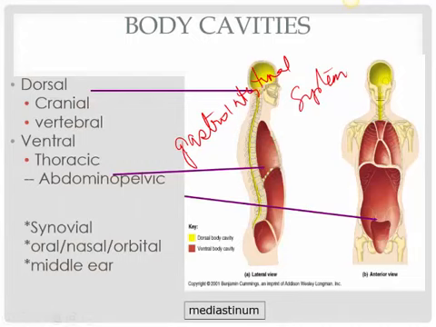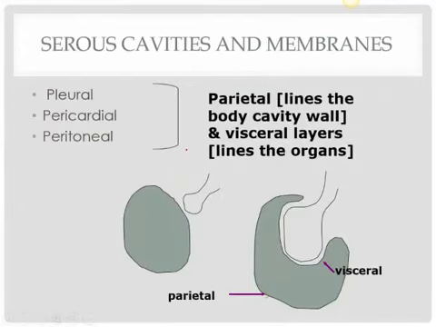So therefore, within these body cavities, you have serous cavities. The word serous means thin. So serous cavities are like little water-filled balloons which are filled with a small amount of fluid. They surround an organ and they help to lubricate the organ.